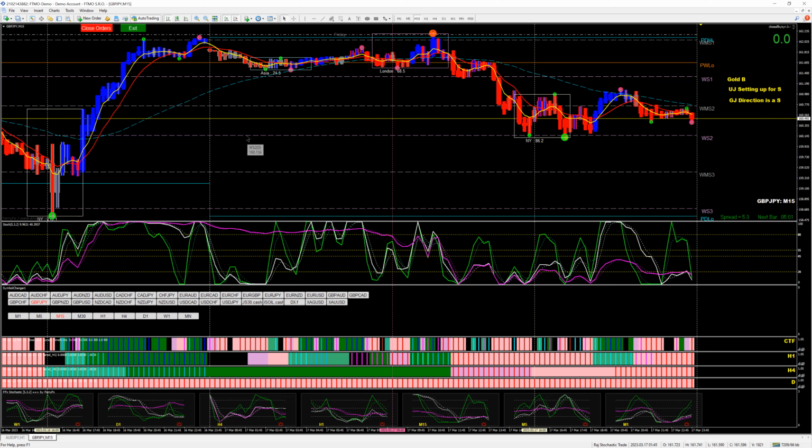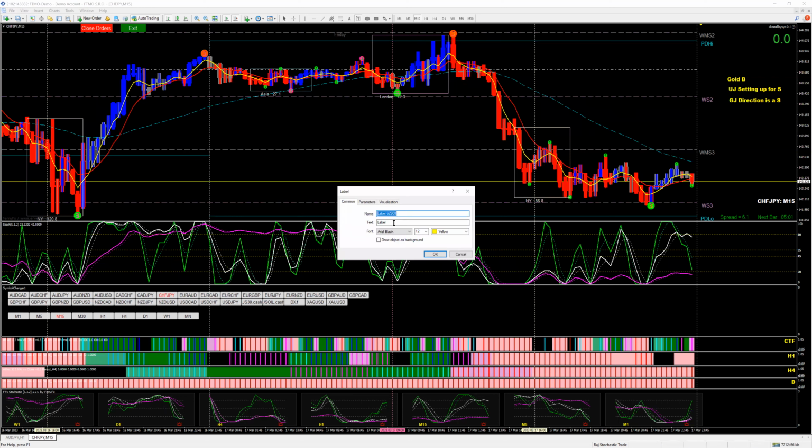All right, so next one I'm going to look at is the Swissy yen. Swissy yen, again, is setting up for a sell. CHJ direction is a sell.